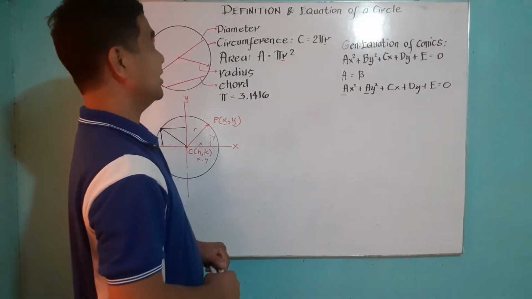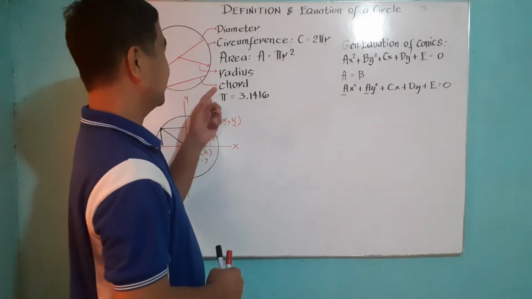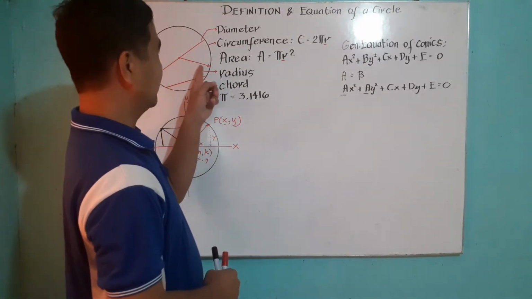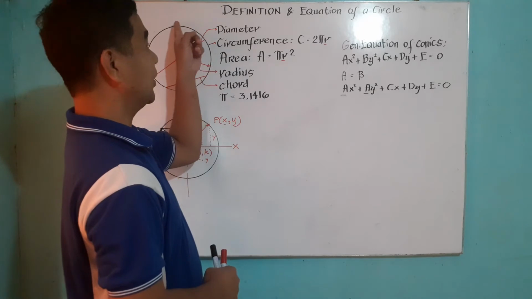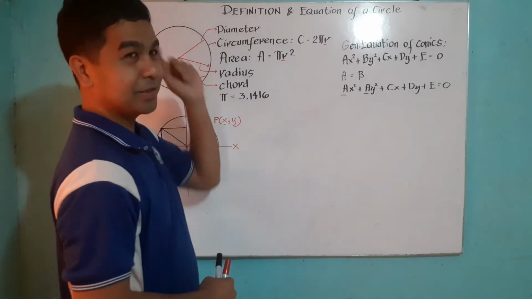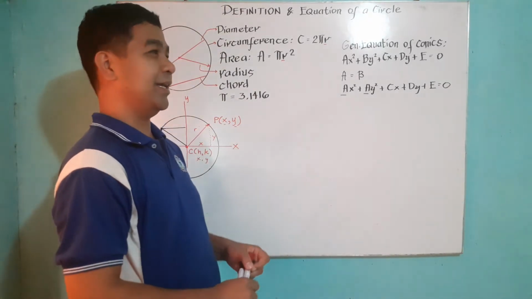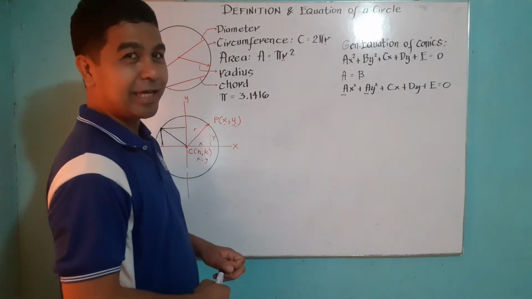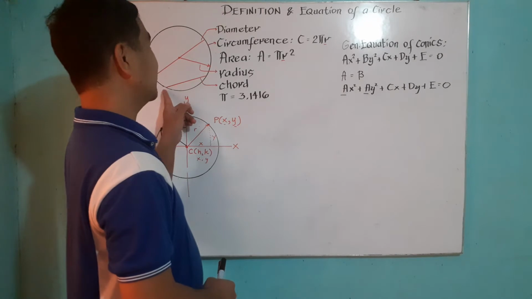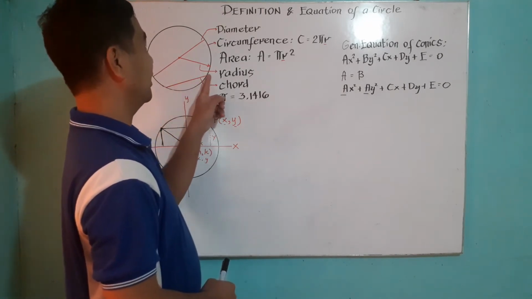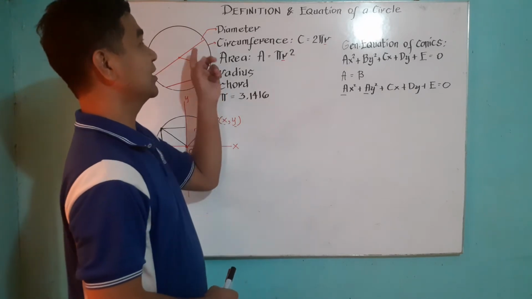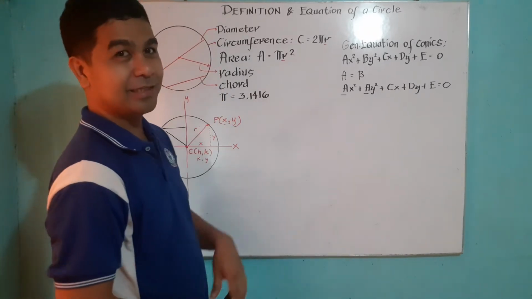The radius is half the diameter, from the center to any point on the circumference of the circle. Another is the chord. The chord is any line that passes from any point of the circumference of the circle. And we know that the longest chord is the diameter.